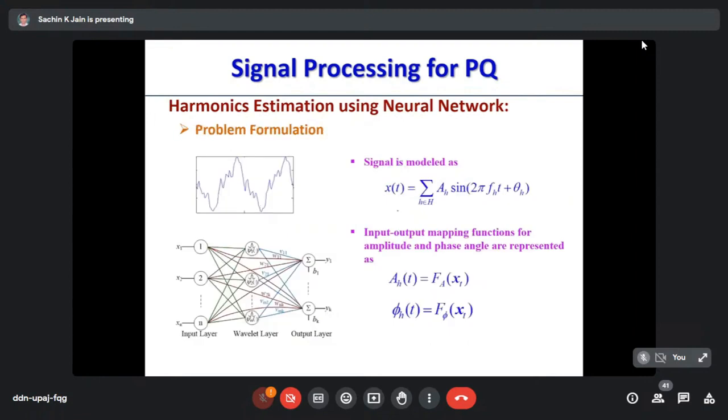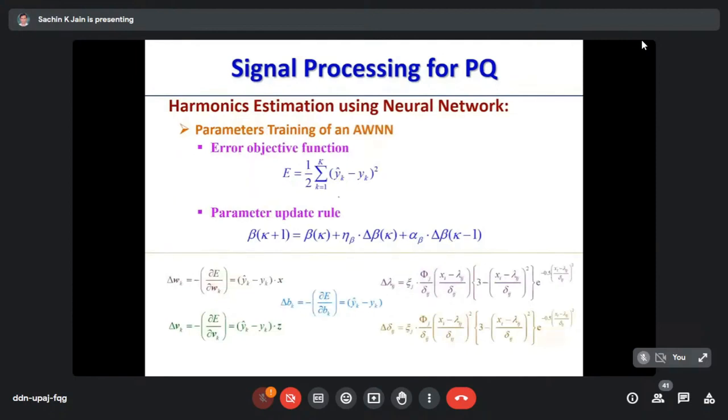Signal is modeled like this, and the functioning is like that. Amplitude can be detected from different sets of time domain inputs. So it will provide you direct amplitude for different harmonics. For example, first harmonic, kth harmonic, it can provide you, right? So you need to train it first. Then training will provide you input output mapping, and consequently you can find it out.